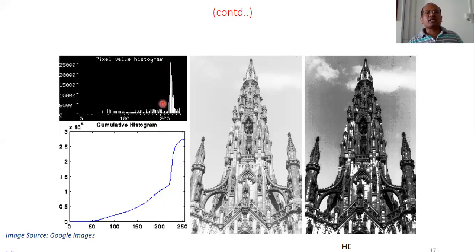You can see that in the initial histogram, the lower value pixels are very few in number, whereas high intensity value pixels are in large number. 25,000 pixels are there whose intensity value is more than 200, you can see. Therefore the first picture is looking like a white picture, even though blackish portions are there.